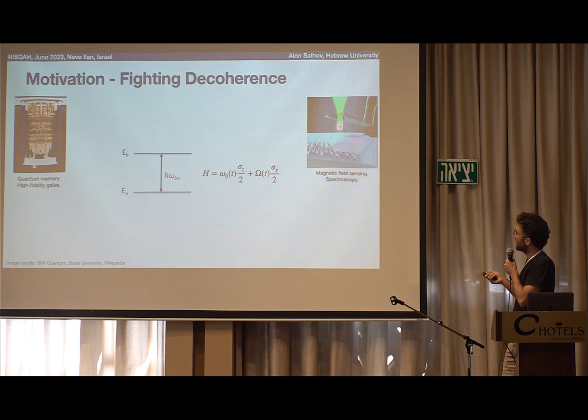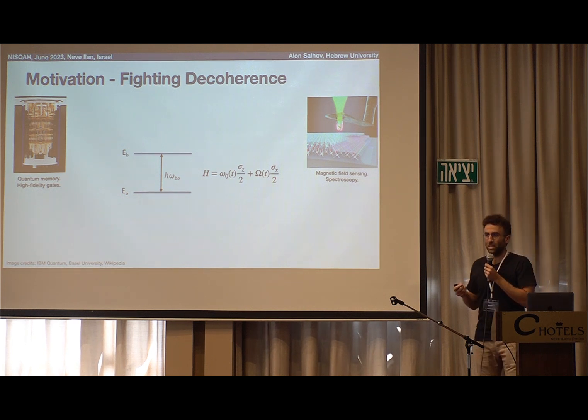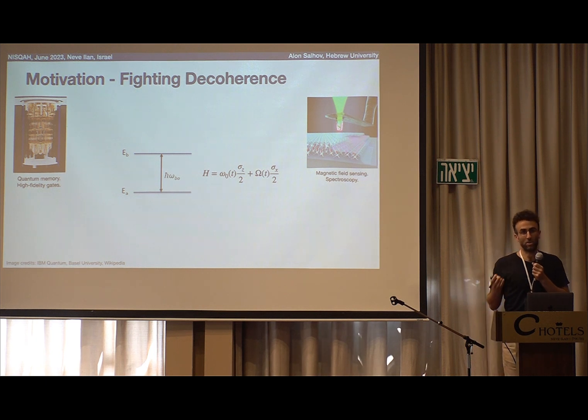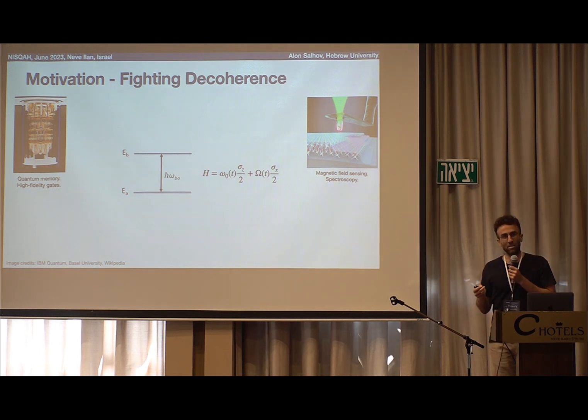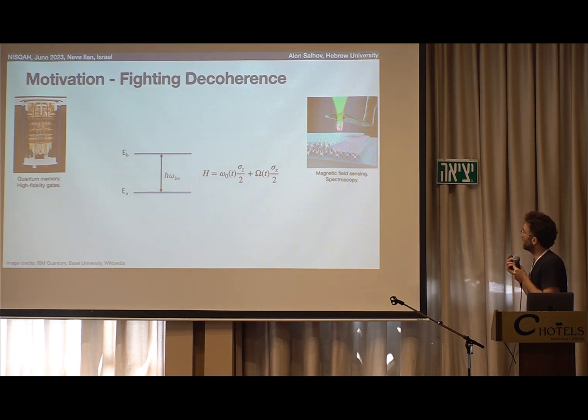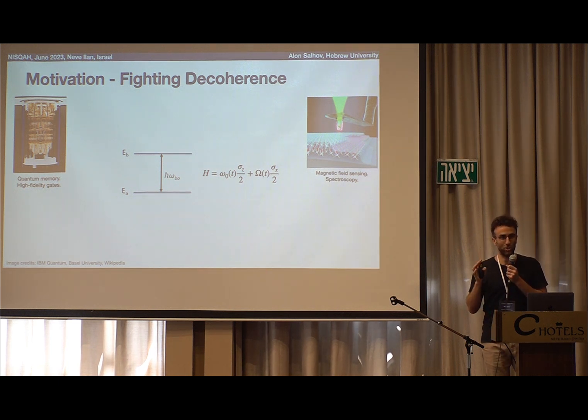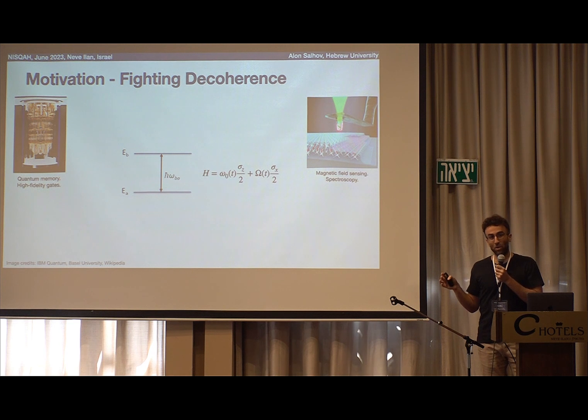And the second term, large omega, is the control, which is naturally time dependent, but I'm also going to consider noise in that. We need control for doing gates and for doing spectroscopy. But I want to focus on the quantum memory aspect, so just the prolongation of coherence.